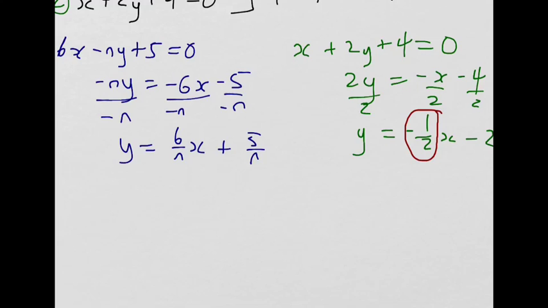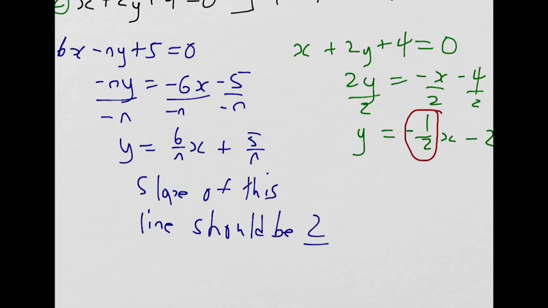So the slope of this line should be 2, because that's the negative reciprocal of the other line that it is perpendicular to.